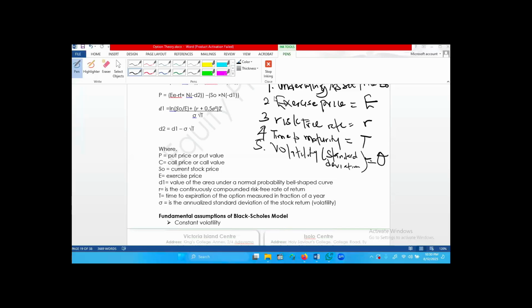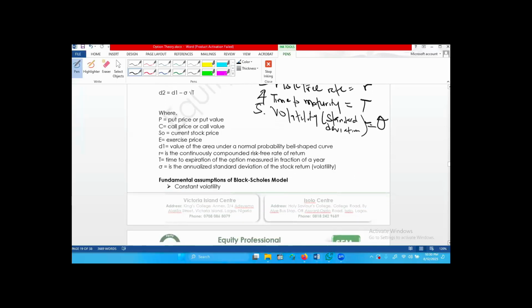All right. We now look at the fundamental assumptions of the Black Scholes model.